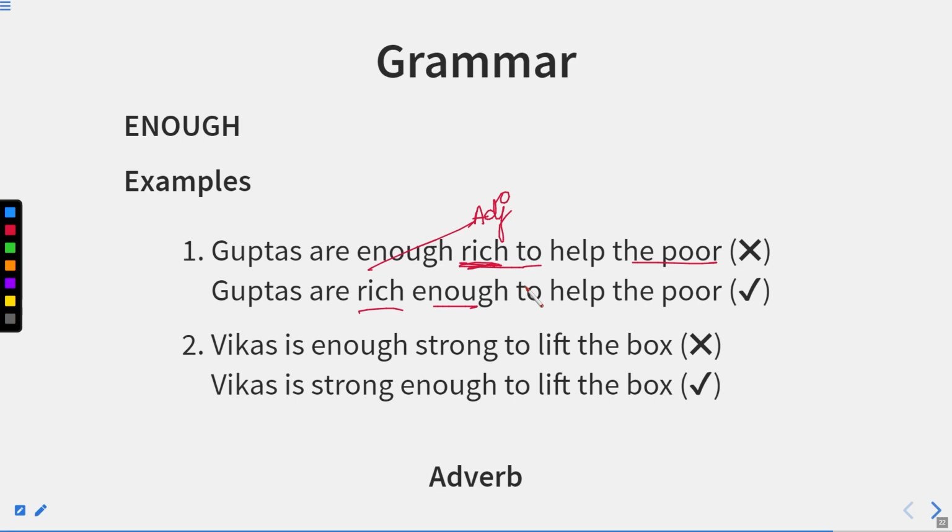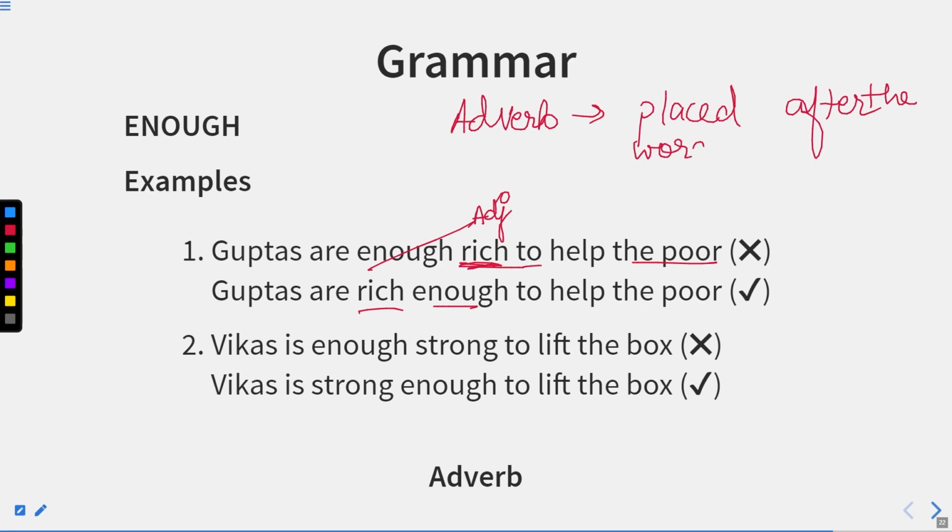As I told you, if enough is an adverb, it should be placed after the word it qualifies.